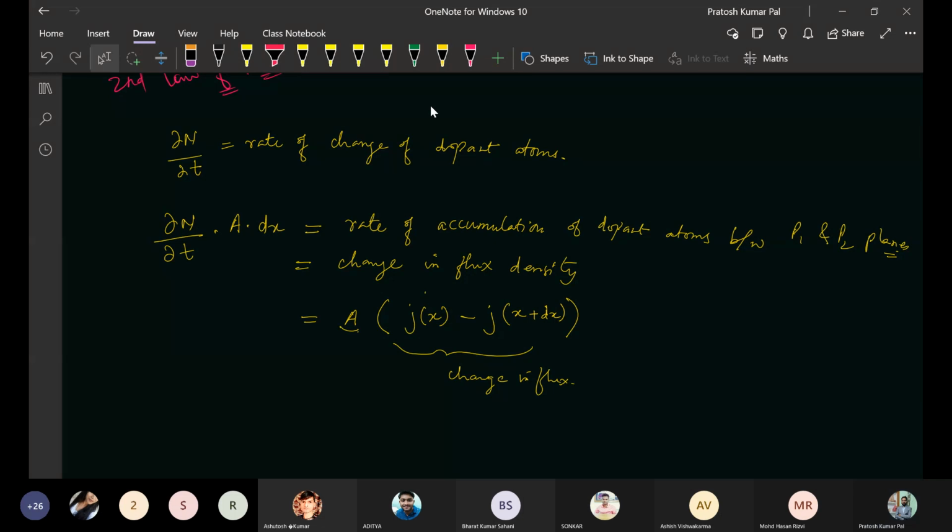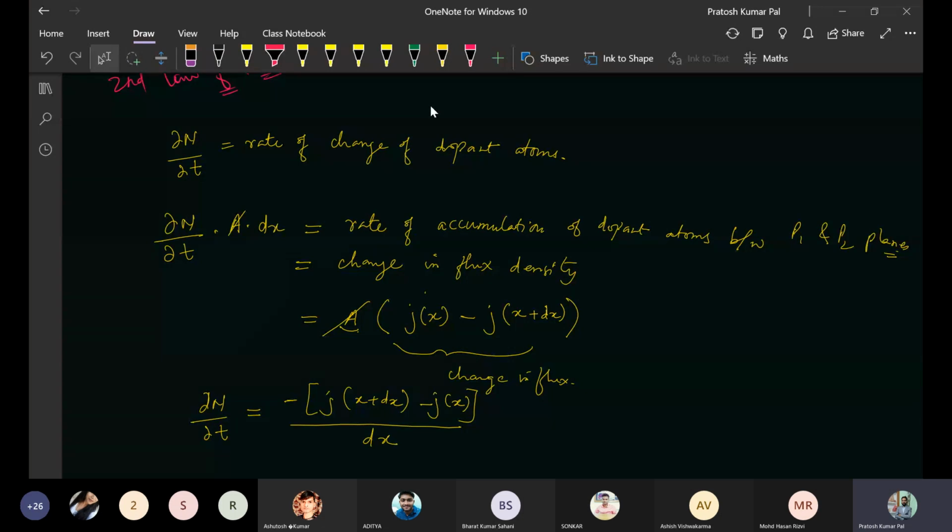So now delta n divided by delta t will be J at x plus dx minus Jx. The A and A cancel out, leaving dx. So this is the relation.